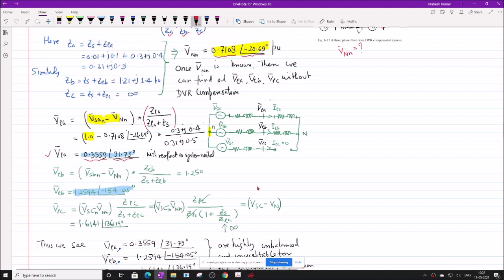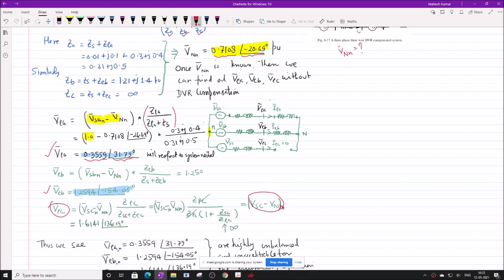And VLC, if you look, is nothing but ZLC by (ZSC plus ZLC). Since ZLC is infinity, we will take ZLC common here. This is ZSC by ZLC, so this becomes 0, and hence the VLC is same as VSC minus VN'N.